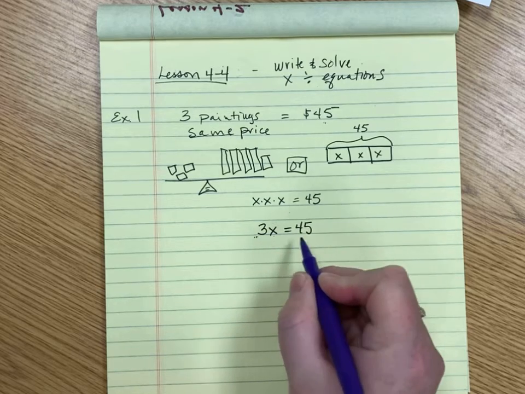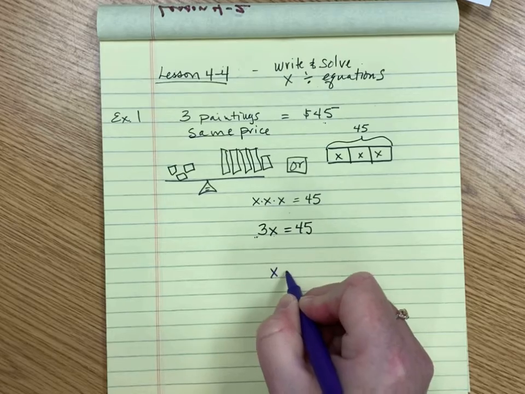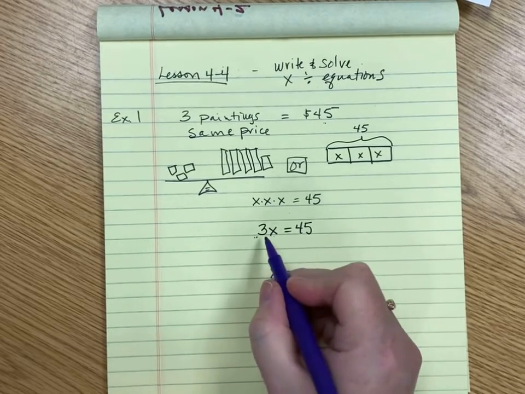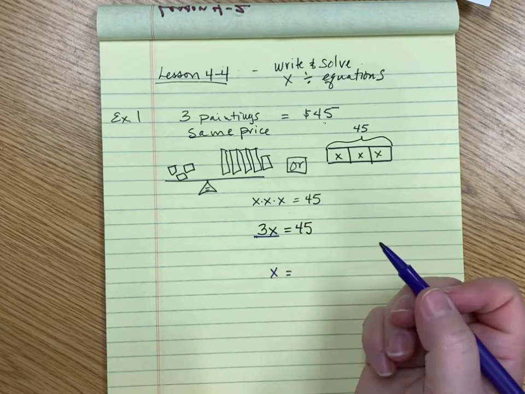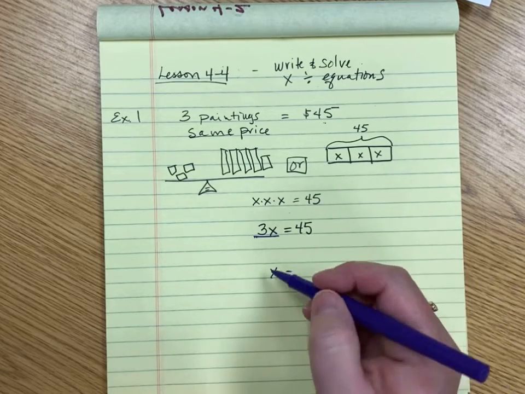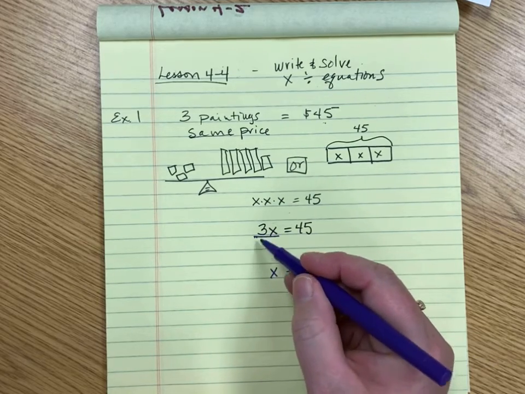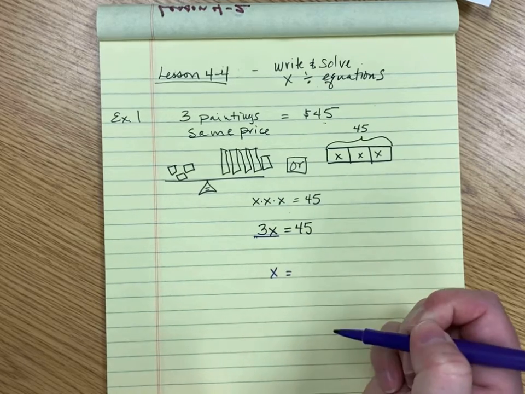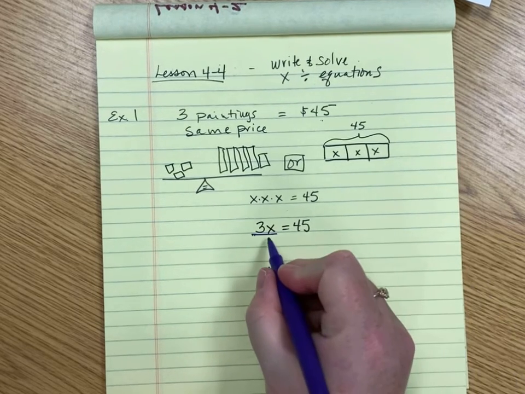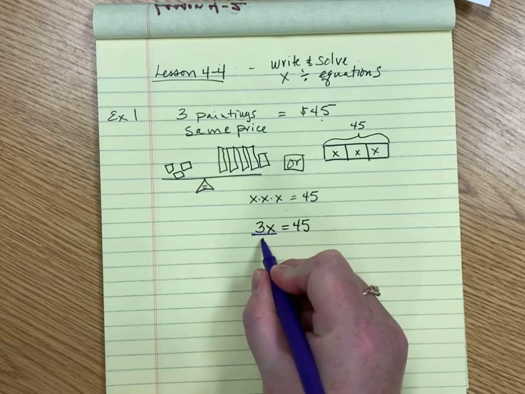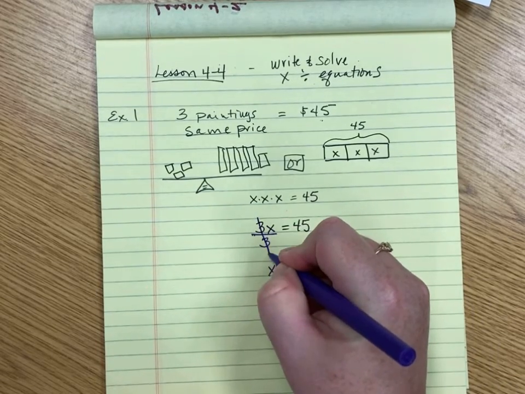So I know that I need to get this x all by itself. And to do that, for this one, I am going to use a fraction. And what could I do to a 3 on top? What could I do on the bottom to have it equal 1x? Yep, you're going to divide it by 3. Okay, so 3 over 3 is 1.